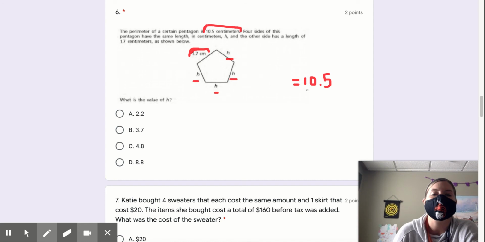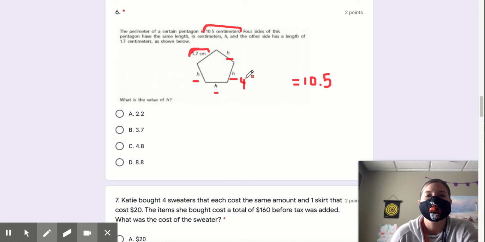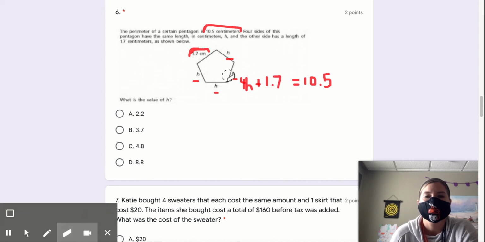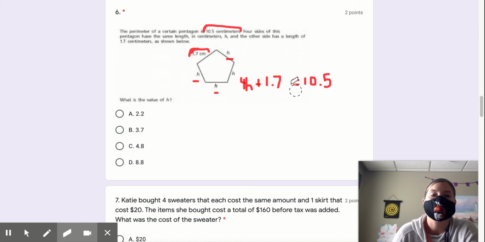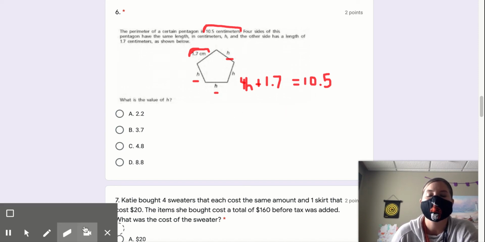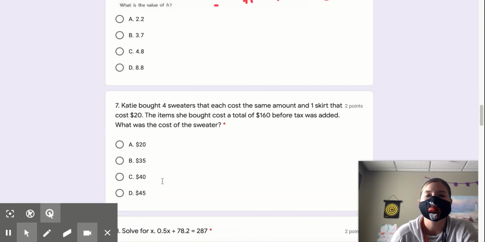And then you can solve for H. So for H, that's not a negative, that's just for H plus 1.7. Just so you don't get confused that that's a negative. So this is what you're solving, okay? You need to do that on a piece of paper, and you need to do that in your calculator.